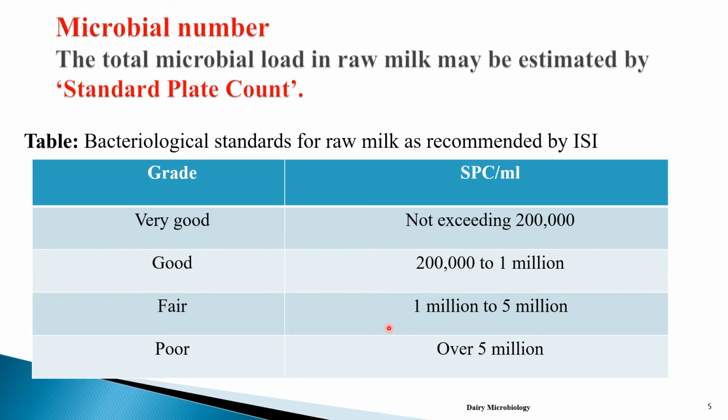If the number lies between 1 million and 5 million, then it is fair quality milk. And if this number is more than 5 million, then that milk is of poor quality.